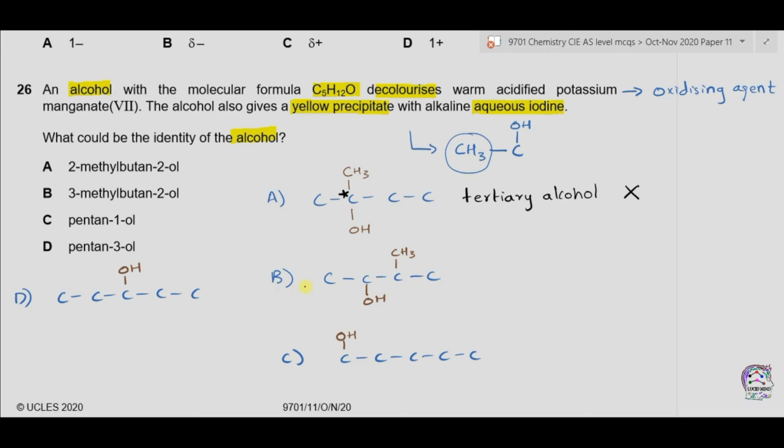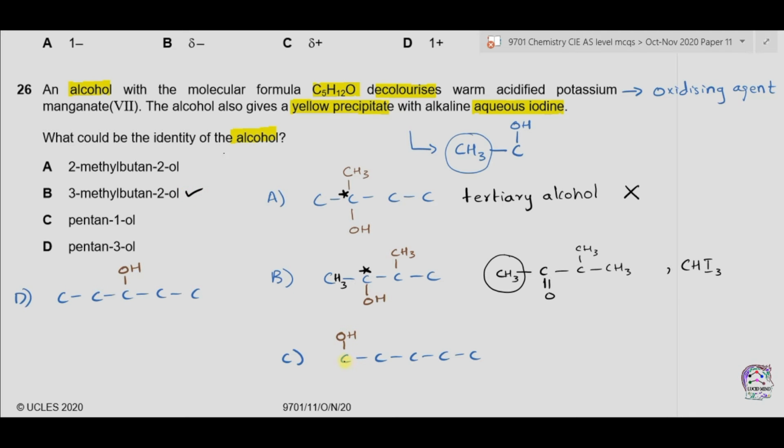Let's move towards B. The carbon attached to the OH functional group also has a CH3 directly attached to it. As this carbon is a secondary alcohol, it will oxidize to a ketone. We also have a CH3 directly attached, so alkaline aqueous iodine will also give a positive yellow precipitate of CHI3. So B could be the correct option.